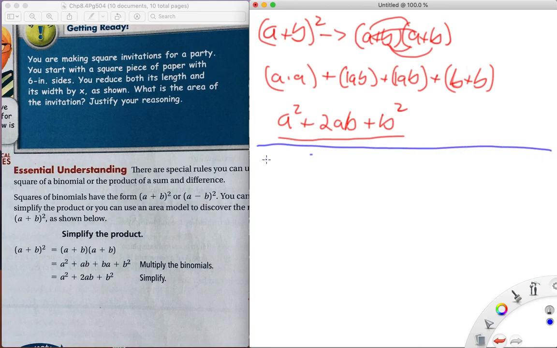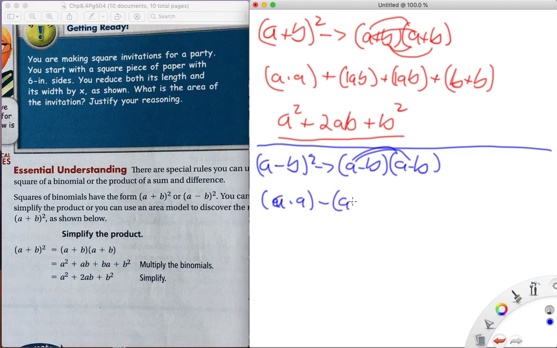There's also an equation for when they have differences, and it follows the same general guidelines of FOIL. So (A minus B) squared is A minus B times A minus B. Again, we can use FOIL: A times A, A times negative B, negative B times A, and then negative B times negative B, which is positive B times B. A times A is A squared.